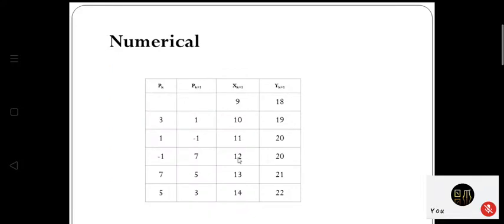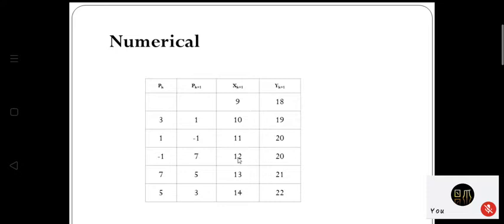4 more iterations. So I have directly given you the table. Initial P of k, which you are finding out, initially was 3. The next P of k you can consider as P of k plus 1.